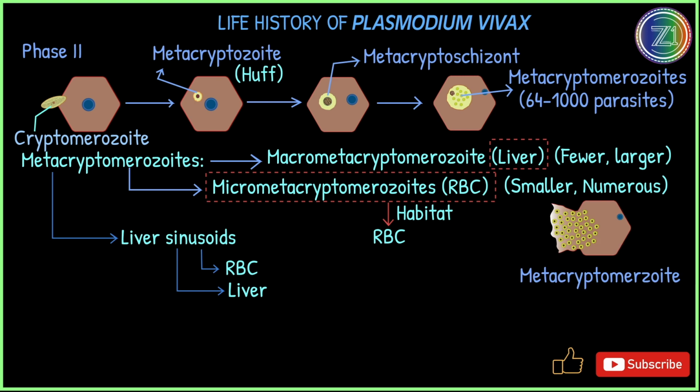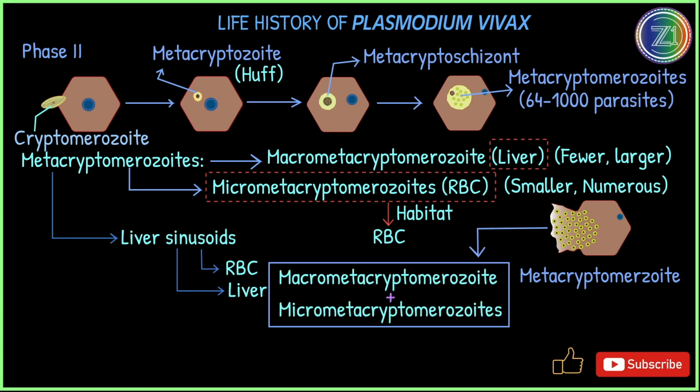Here you can see how the liver cell is broken, and micro and macro are released. Both are formed within this. From here they go into the liver sinusoids, and after the liver sinusoids they either go to the liver or directly into the RBCs.